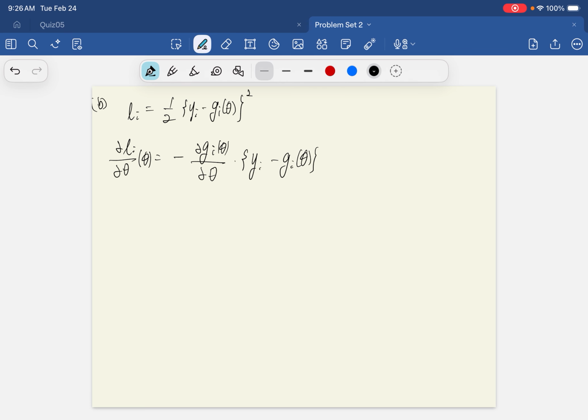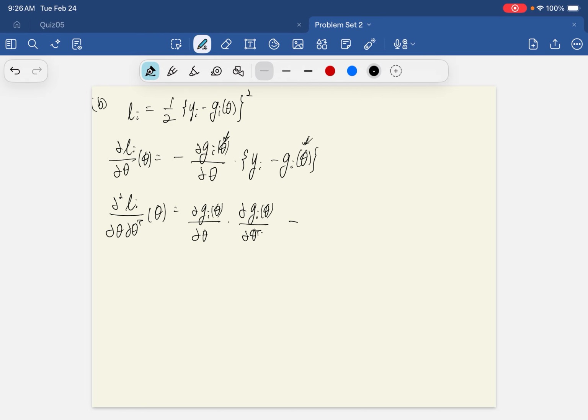Right? Simple. And differentiate this again. If you differentiate with respect to this and this, there will be 2 terms. So let me do the latter one first. Then you get, okay, I transposed here, so it is a matrix.